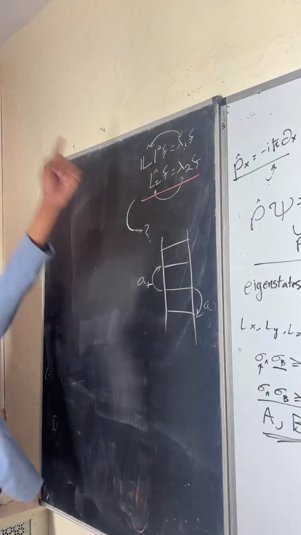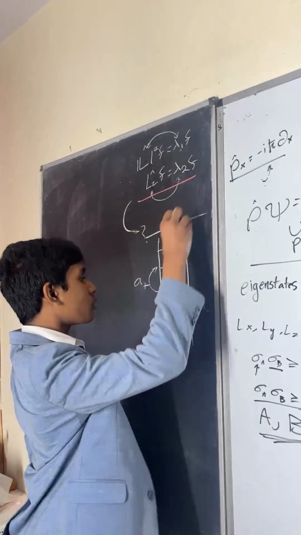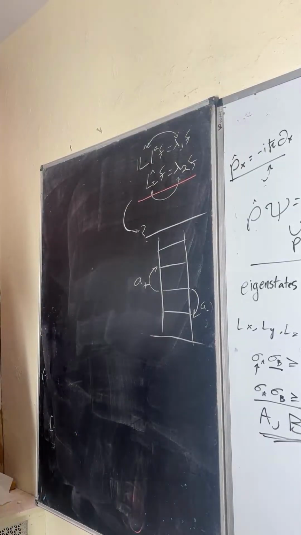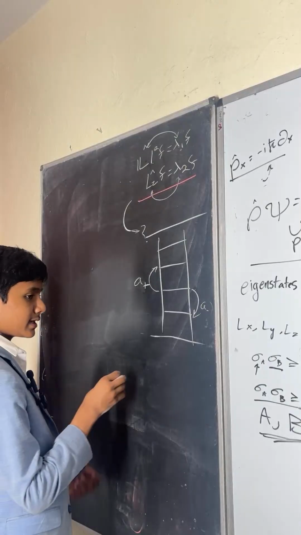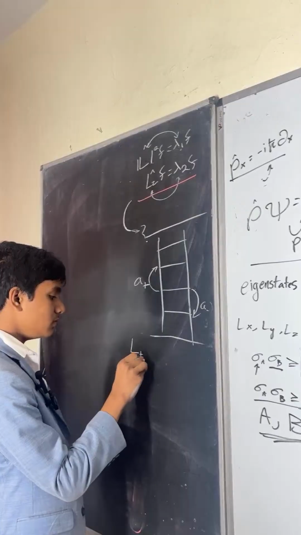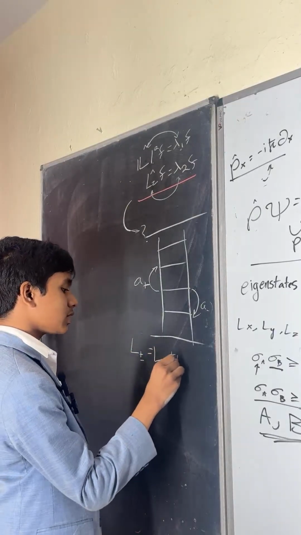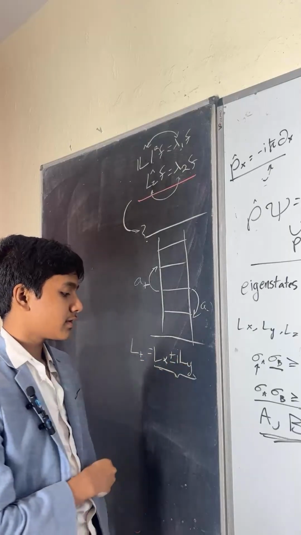And we could keep going up, or we could keep going down, until we hit some top or some bottom. Of course, what those tops and bottoms are will change. And of course, the raising and lowering operators are going to change. I already spoiled them, but L plus minus is Lx plus minus i Ly. This hopefully looks familiar.